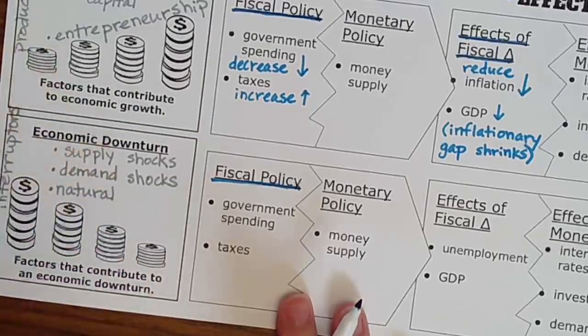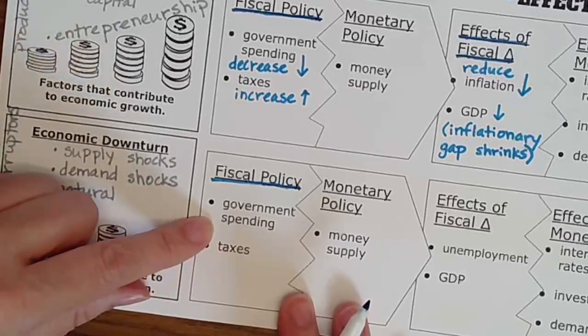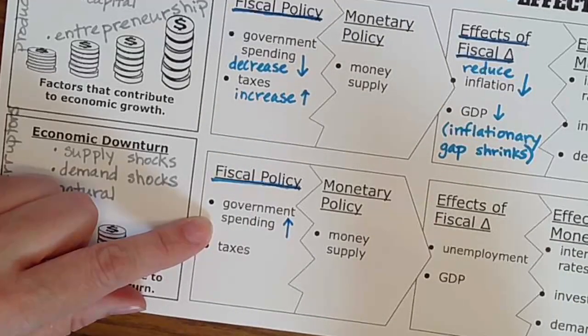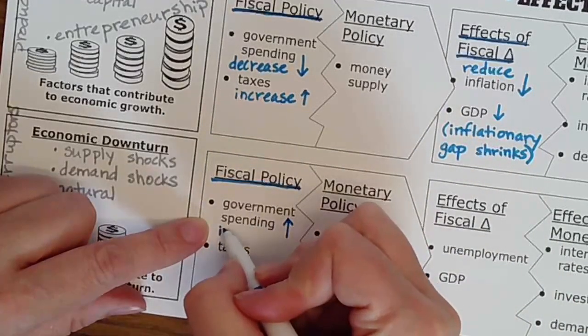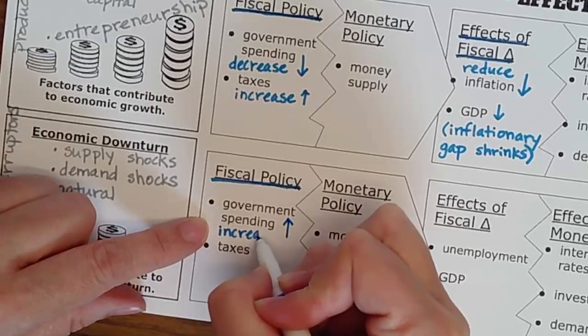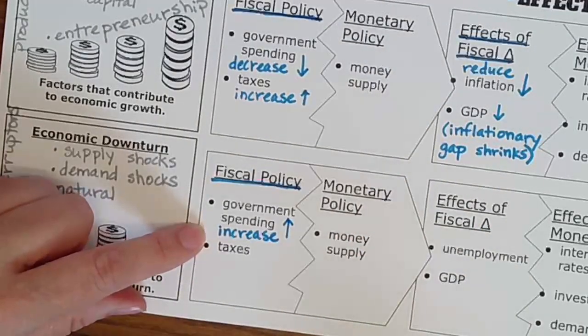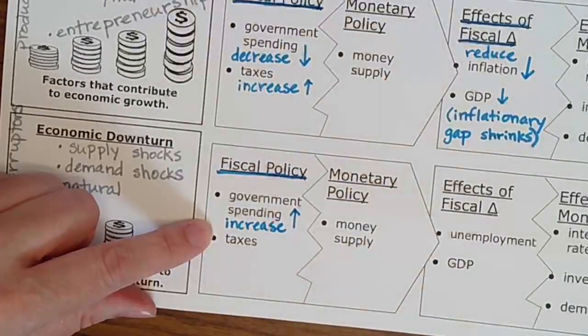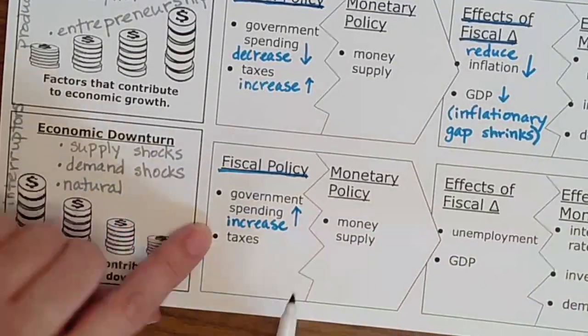But if we are in a downturn, they're going to do the opposite. Congress is going to increase government spending. They're going to put more money out into our economy by spending it. They might spend it on people and programs, and that money essentially goes to households, and then people start buying things, and that's how it helps the economy to get better.